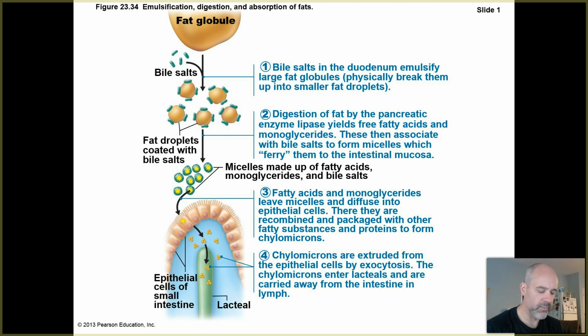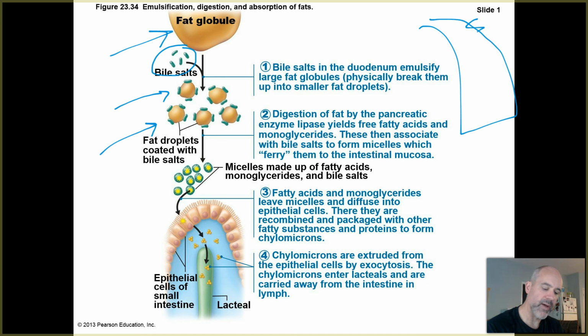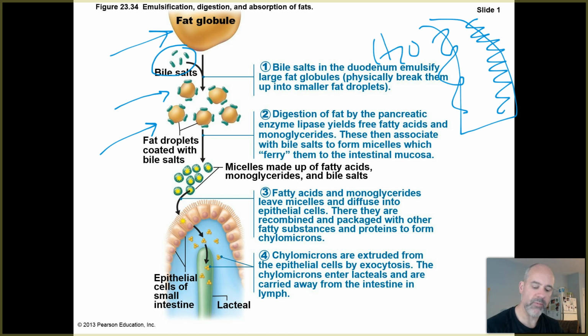Here's a pretty good diagram from your textbook, which is showing you, here's a big blob of fat coming in from your foods that you've been eating. Here are the bile salts that got squirted into the duodenum as part of your bile. And notice they are coating the fats because the bile salts have a hydrophobic portion over here and a hydrophilic portion over there. The hydrophilic portions face water. The hydrophobic portions over here are facing the fats from the fat globule.